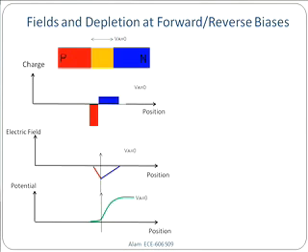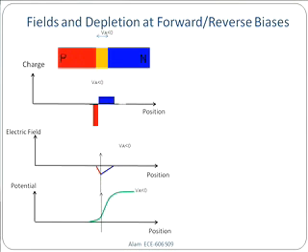So if you are in equilibrium, let's say you have a certain amount of charge, a certain amount of electric field by integrating the rectangle, and a certain amount of potential, integrating the triangle that you have, the red and blue triangle. If you apply a forward bias, then essentially it shrinks the depletion region, and as it shrinks the depletion region, you have a smaller amount of charge.